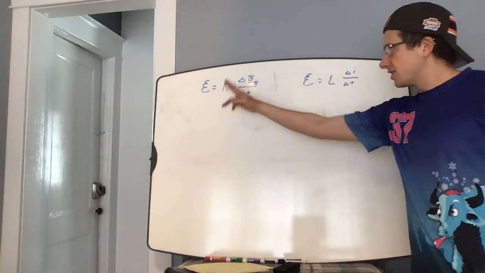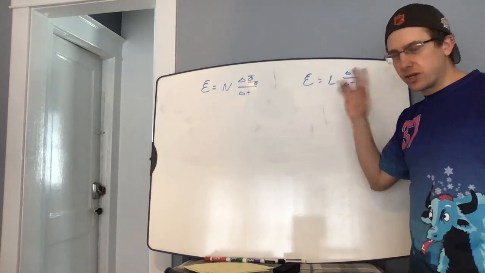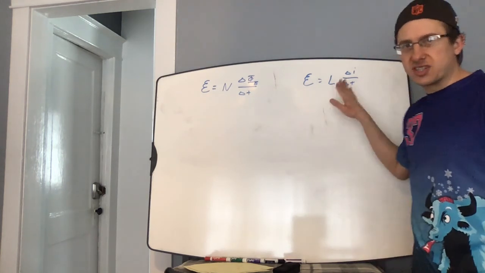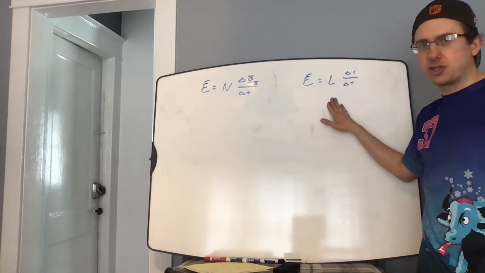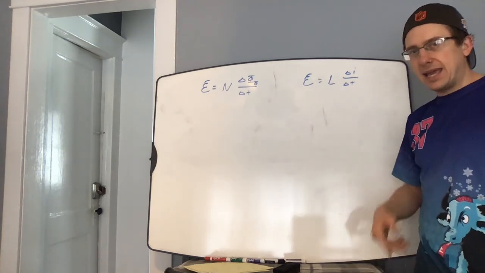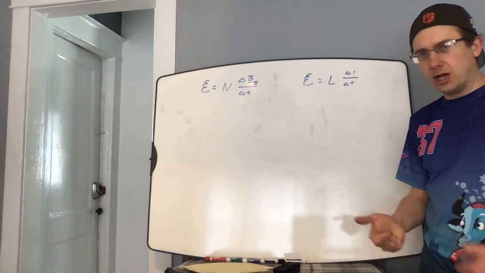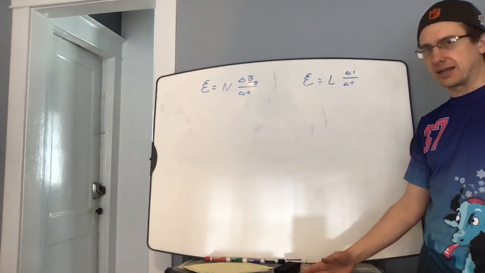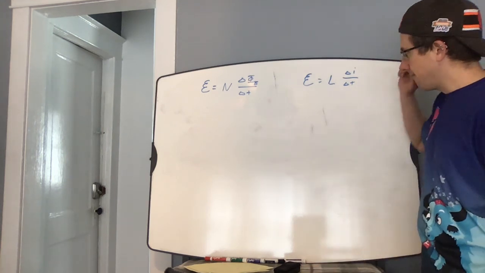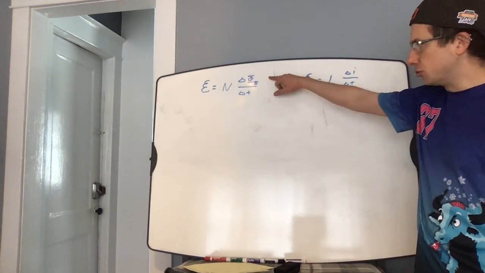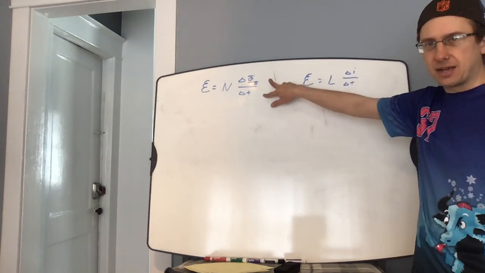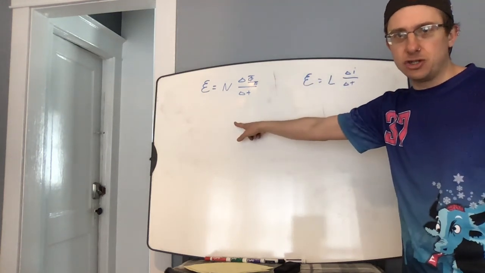Now, both of these equations are correct. We could say the induced voltage is this much. We could say the induced voltage is this much. They're both right. And if you think about it for a minute, well, what creates magnetic fields? Moving charges create magnetic fields. So if I have my magnetic field change, I'll have my flux change, and because I have a rate of change of flux, I create voltage.